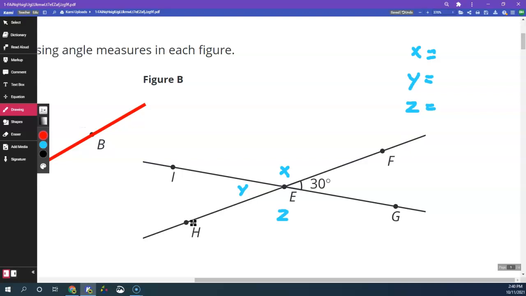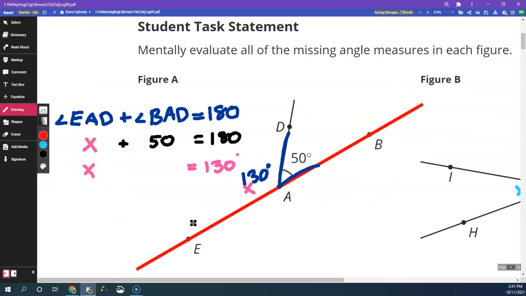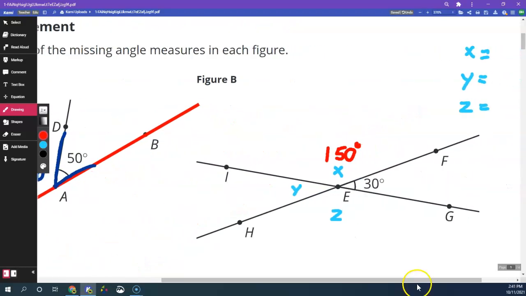So, angle X, what do you believe that is? 150 degrees, right? Same reason. We know these two angles on a straight line add up to 180 degrees. So if this is a 30, 150 will make that 180.